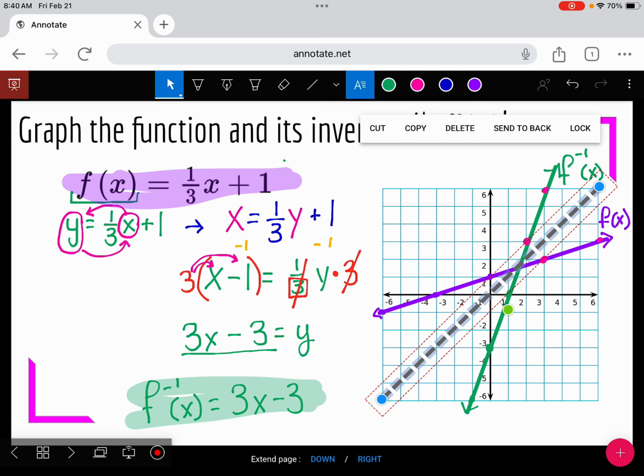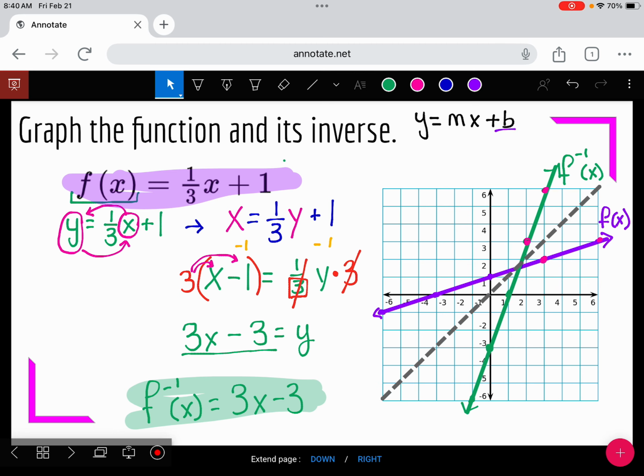Every single time. They line up over the diagonal. Okay, that's part of the design of inverses. It's because it's reflecting over where the x's and y's are swapping. So every time we do one of these, graph our function and our inverse, it's going to look kind of like an x.